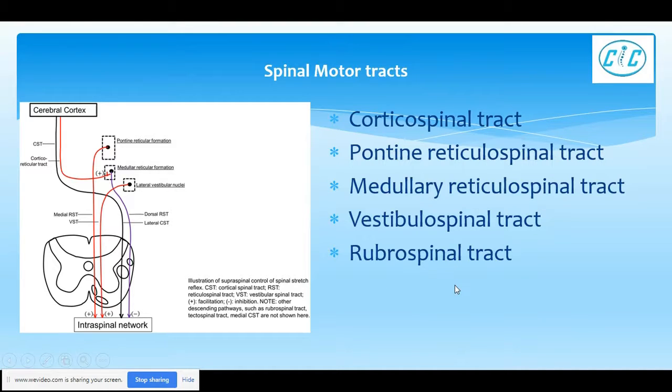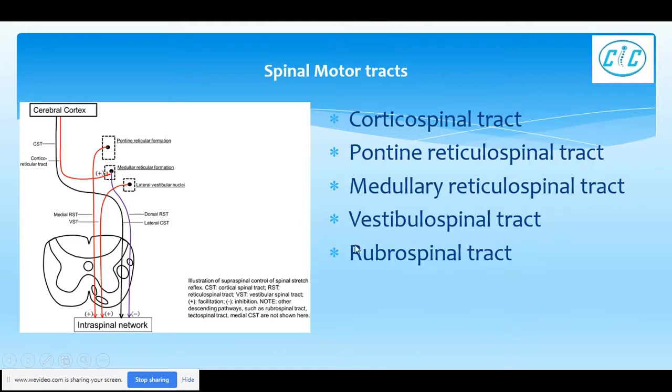The rubrospinal tract, which comes from the red nucleus to the spinal cord, originates from the midbrain and is found in the lateral aspect of the spinal cord, in the lateral funiculus, which indicates that it is more influential to the flexors than to the extensors.